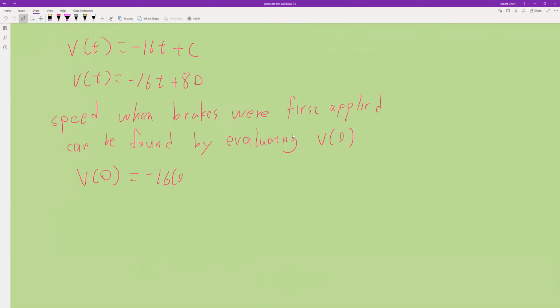So negative 16 times 0 plus 80 gives you 80 feet per second. Now, if you convert that to miles per hour, that's approximately 54.54 miles per hour. So you're driving at about 55 miles per hour, and then you step on the brake, it will skid for about 200 feet, leaving skid marks before coming to a full stop.